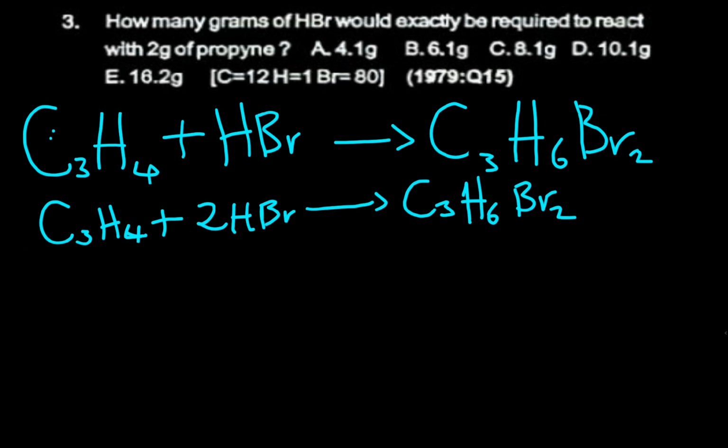The next thing to do is to bring out the number of moles. Now, note the number of moles of the propyne is 1. So we have 1 mole of propyne, there's an invisible 1 here. And the number of moles of hydrogen bromide is 2. So that's step 2.